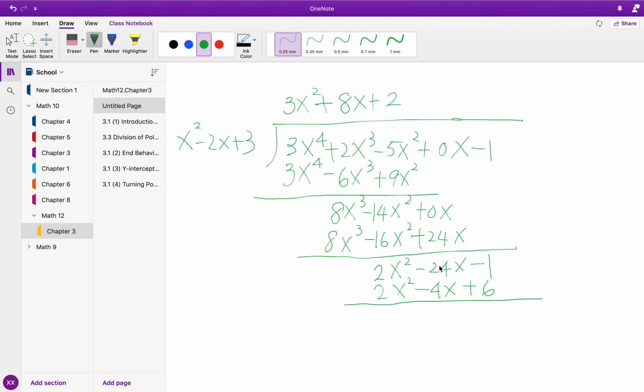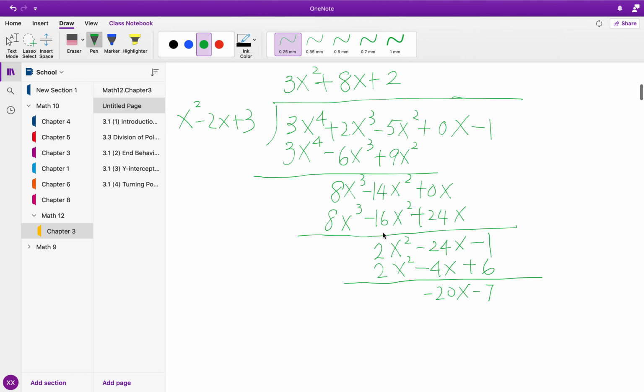So now 24 subtract 4 means plus 4. That means negative 20x. Negative 1 subtract 6 becomes negative 7. All right, so I'm done. So that's what I said, the remainder could be a polynomial. This is a binomial.